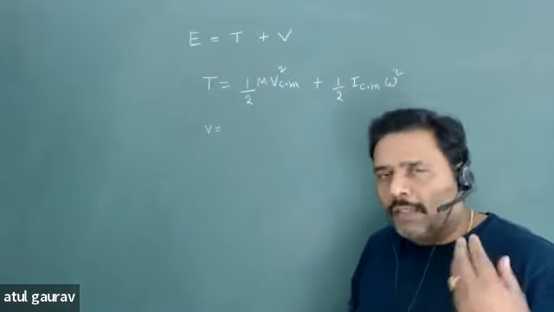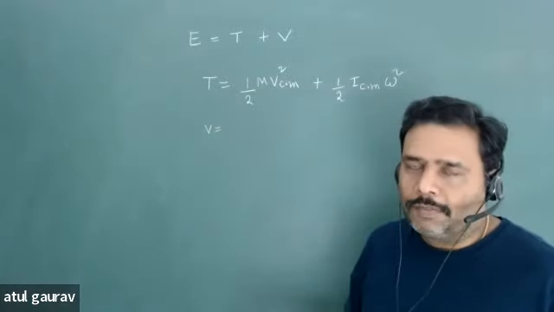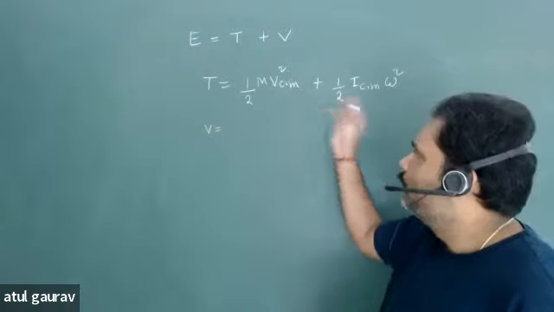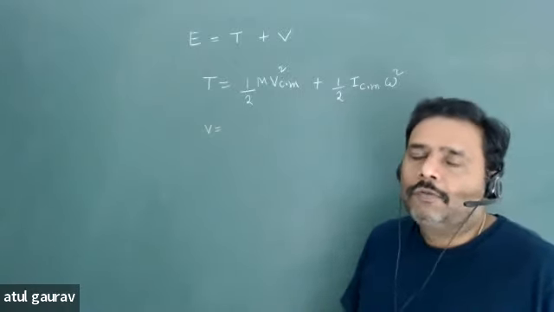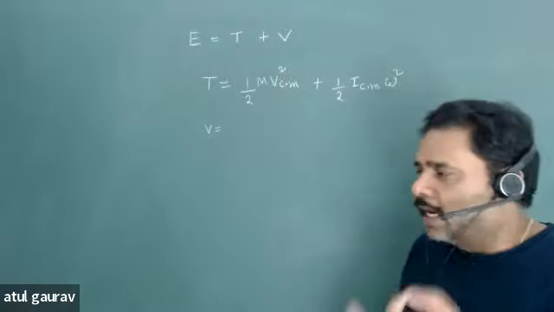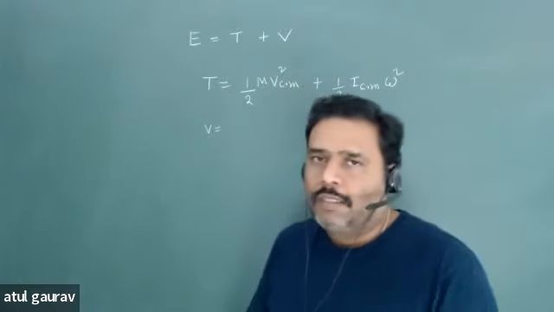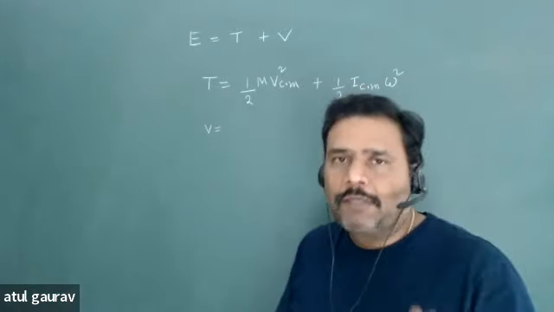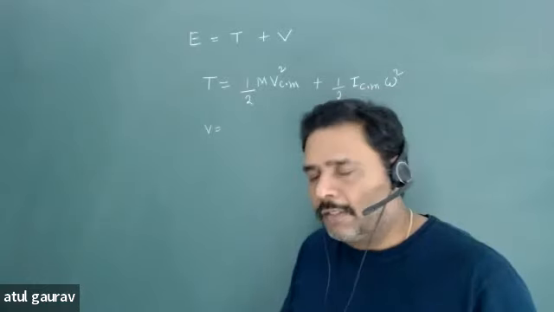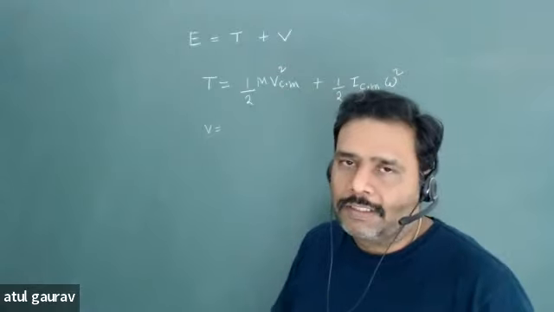All the potential energy has nothing to do with the shape and size of this particular body. What you have to do is just see how your center of mass is going to change. Once you see the displacement of center of mass in any particular field or potential, you can easily write the potential energy of the system.